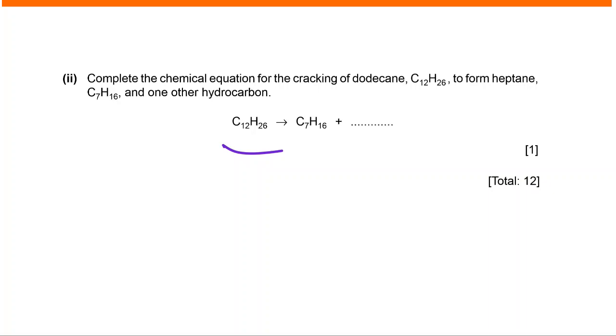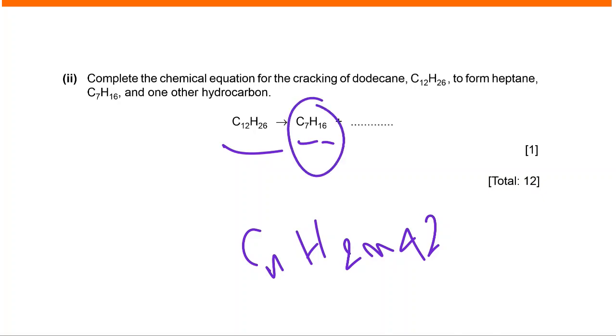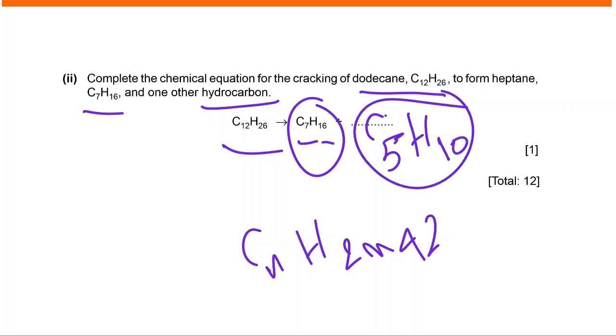You have C7 to 16, CnH2n+2. So this one is the alkane. The other one should be an alkene. So you have decane and another hydrocarbon, which is the rest, C5H10. This one is the alkene.